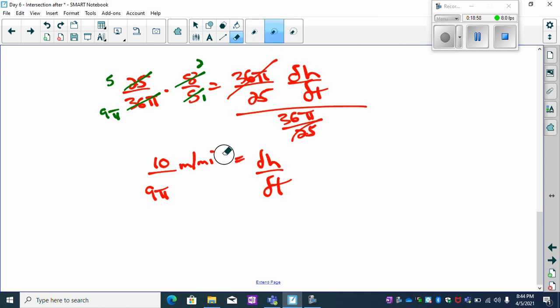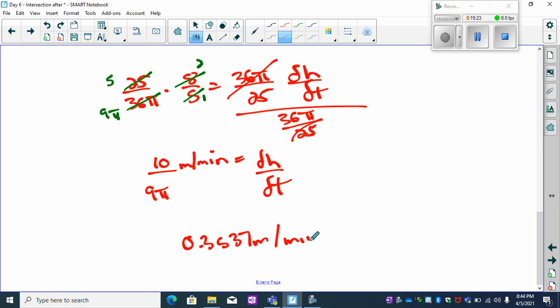It has an approximate value, 10 divided by 9 pi. 10 divided by 9 pi gives me 0.3537 meters per minute.